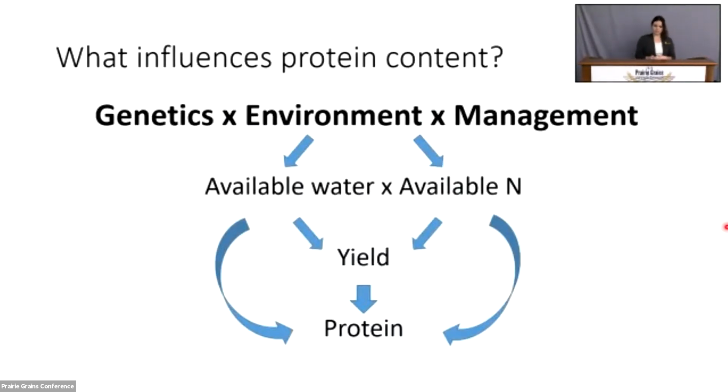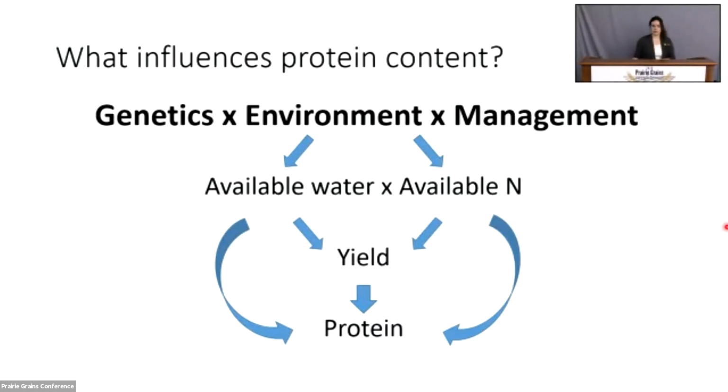And to get a handle on what really drives protein content and yield for that matter, both yield and protein content result from an interaction between genetics, so the varieties that you choose, the environment that variety is growing in each particular year, and the management inputs that you put into that variety in that field each year.